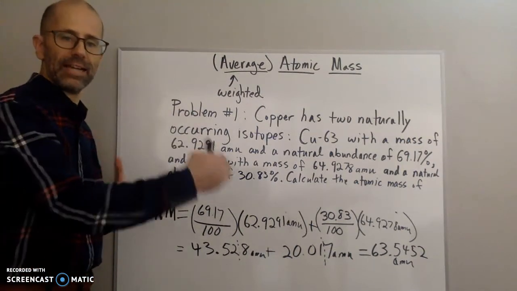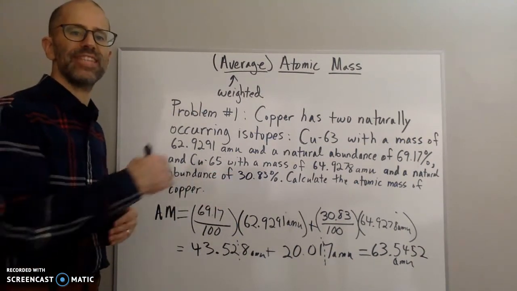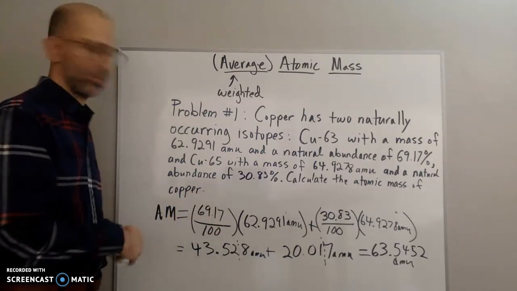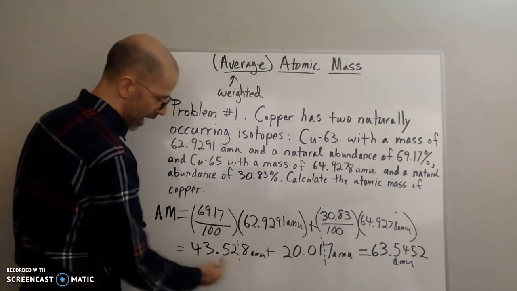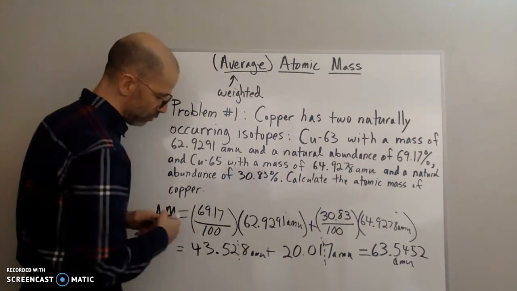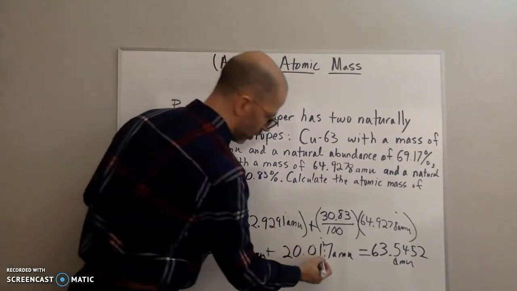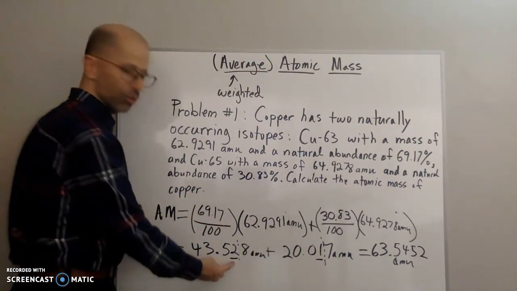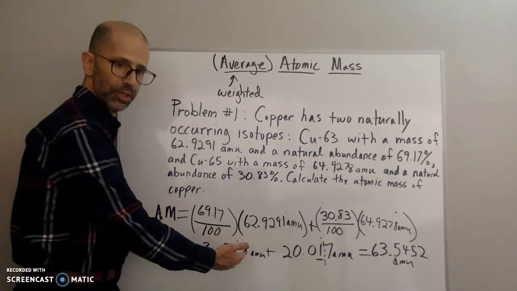Okay, so now when I'm adding these together, since I'm adding, the rule for adding and subtracting is my answer can only have the same number of decimal places as the least number of decimal places. Well, if I look at my original numbers, keep in mind one of the things you could do is just underline the last significant digit in each one, and that'll remind me that I'm only allowed to count up to that digit as far as significant figures go.